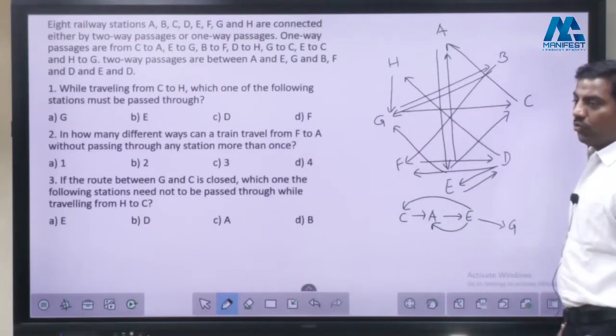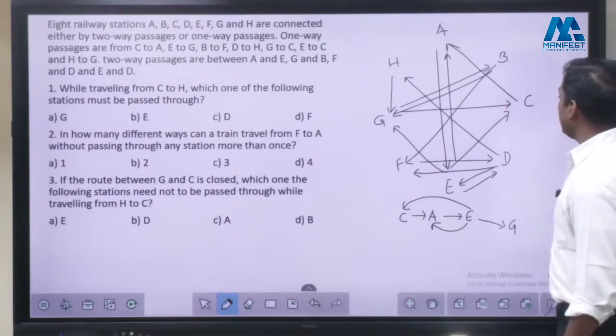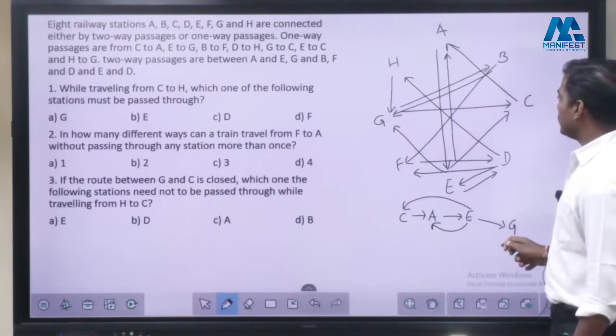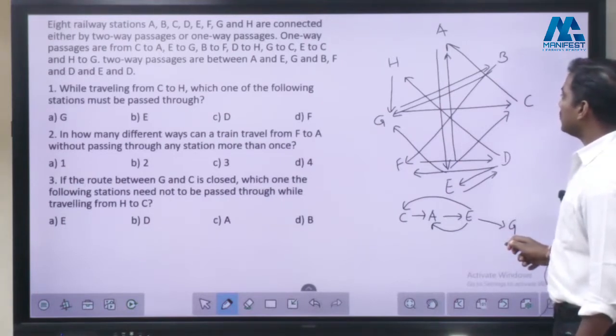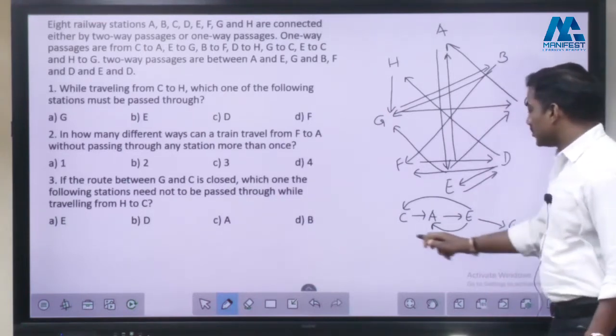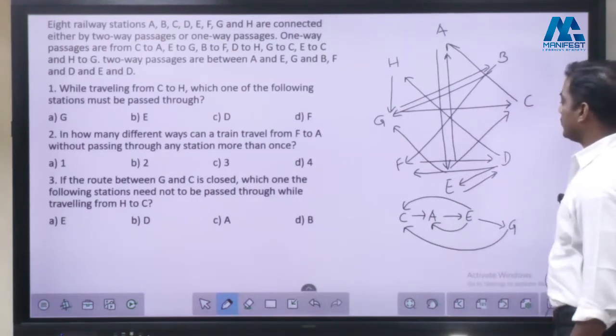We can put a loop back to C. Then E to G. From G, again, where is it going? C. C to H we are going.